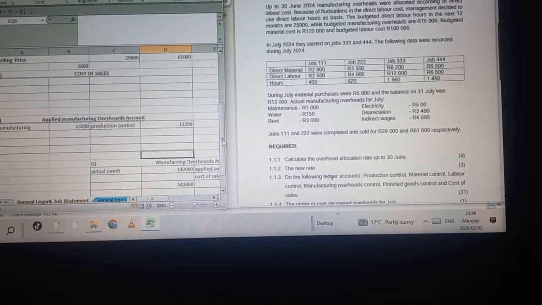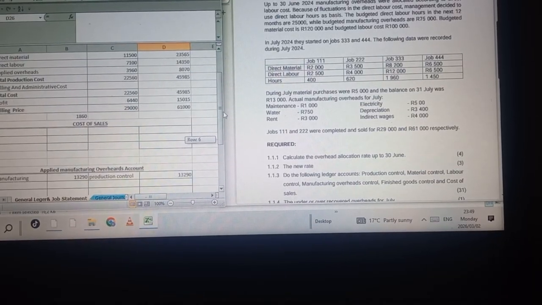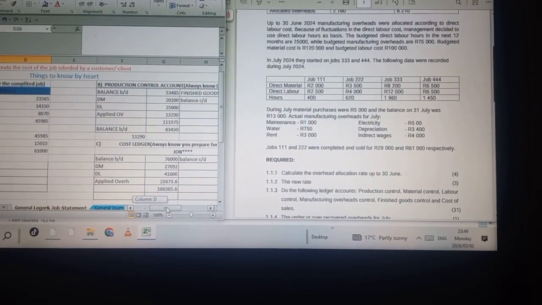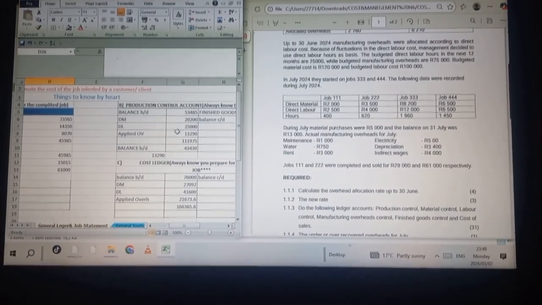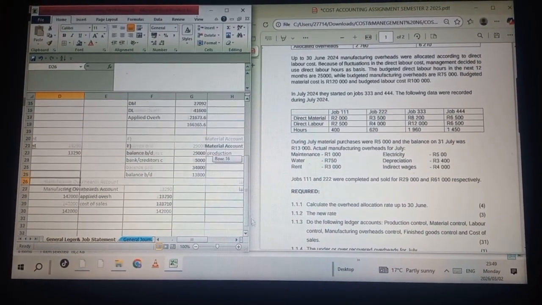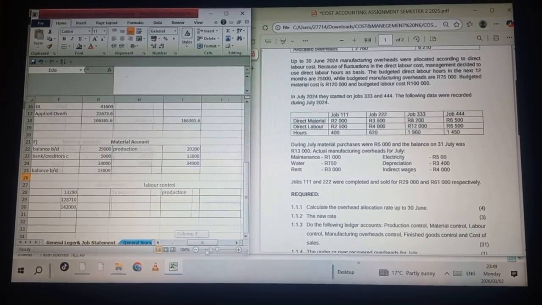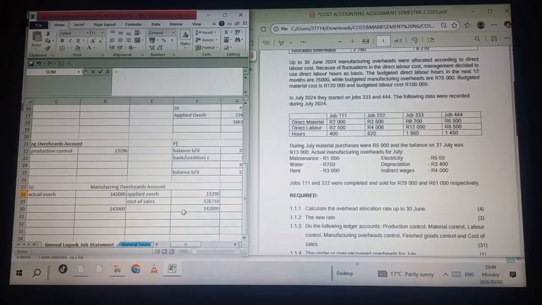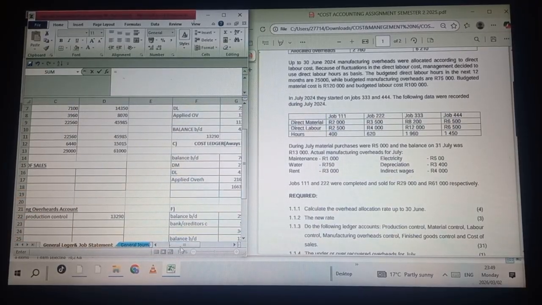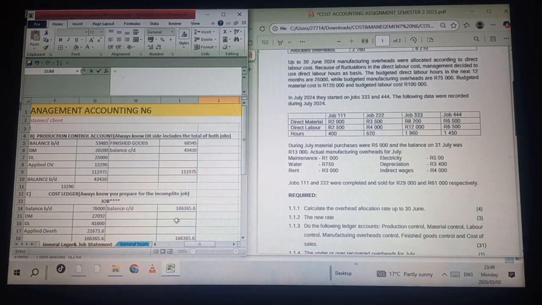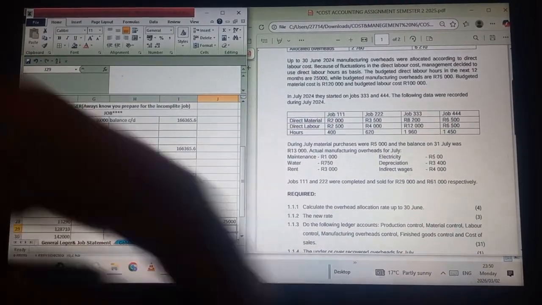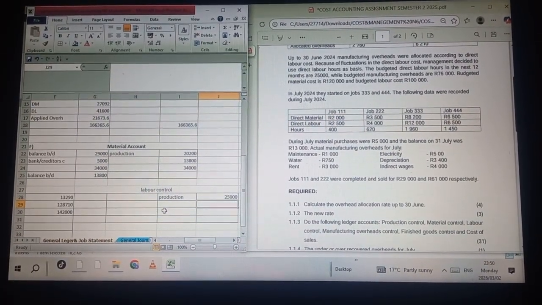The direct labor from our production control account gave us 25,000, which is that 25,000 we calculated from production. 25,000. And then we are done with our labor control account.